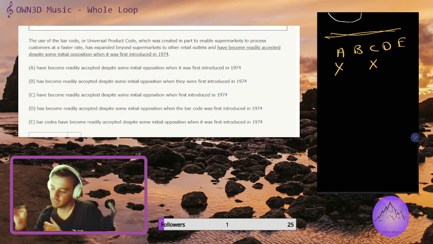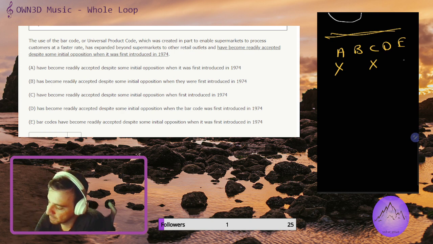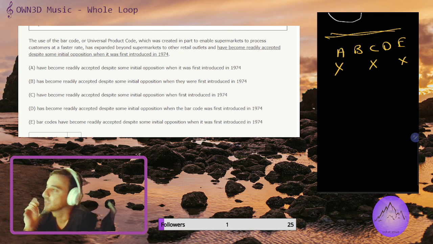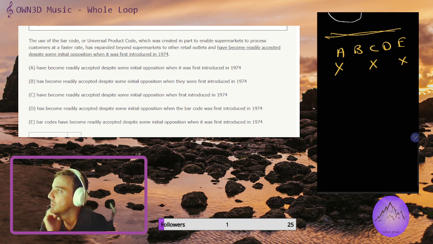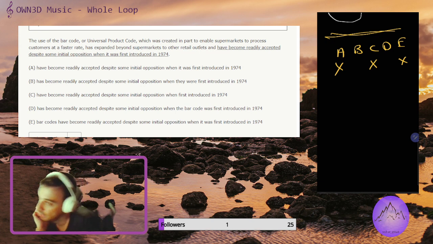All right, I think it's between B and D, and it's going to be separated based on that verb. When they were first... when the barcode was first... is that pronoun accurate? Yep, it's going to be D.